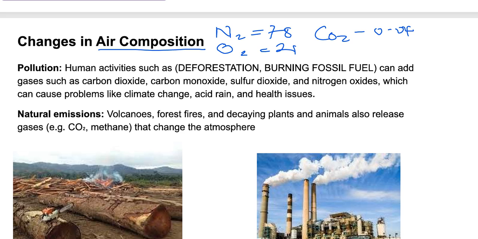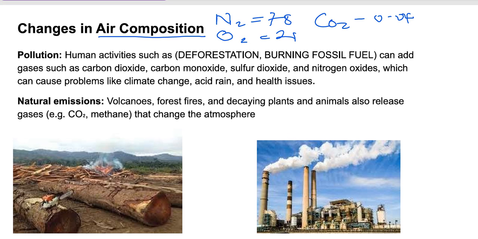And why will the composition of the atmosphere change? One is pollution. Human activities like deforestation and burning fossil fuel will increase the amount of carbon dioxide in the atmosphere. They can release gases like carbon dioxide, carbon monoxide, sulfur dioxide, nitrogen oxide, which can cause problems like climate change, acid rain, and health issues.